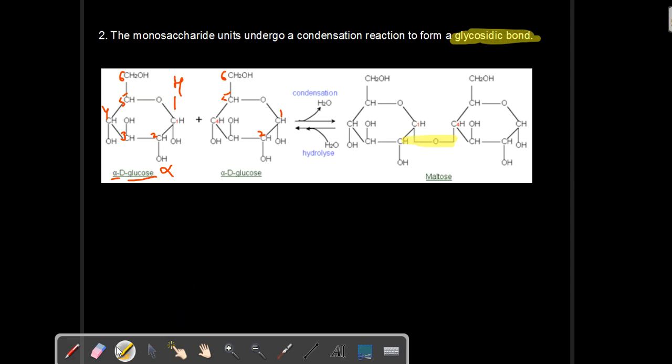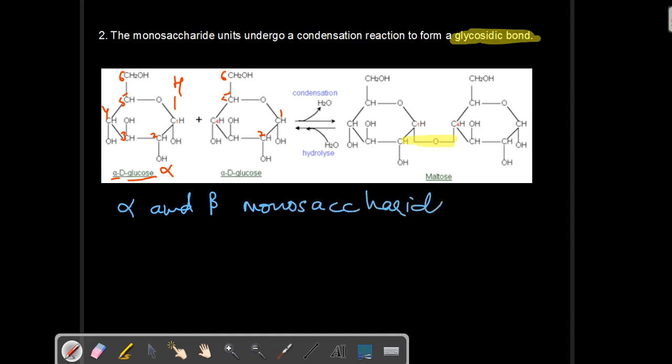Now, I hope you've understood a couple of concepts from here. First of all, I hope you will be able to differentiate between alpha and beta monosaccharides, and this is very important. And also I hope you can now figure out what a glycosidic bond is.